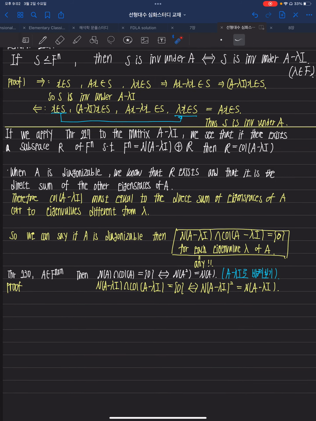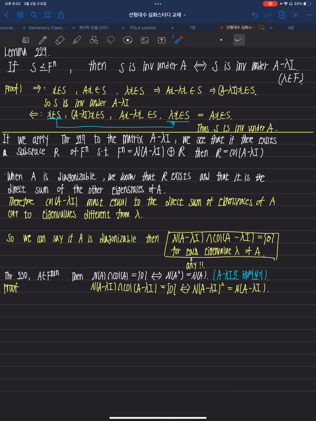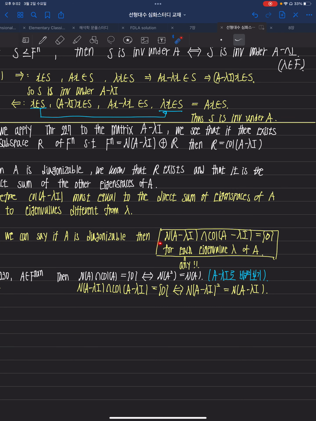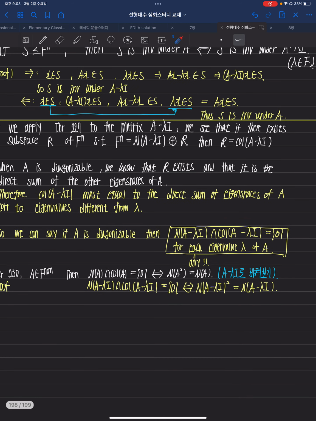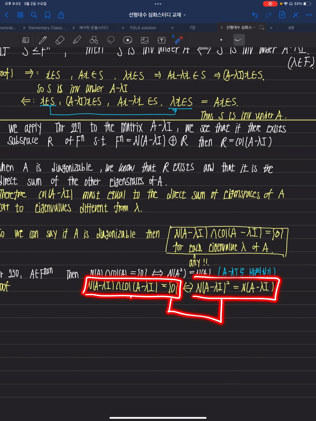In the previous part, I said if A is diagonalizable, then for any eigenvalue lambda of A, this statement must hold. But this statement is equal to this statement.